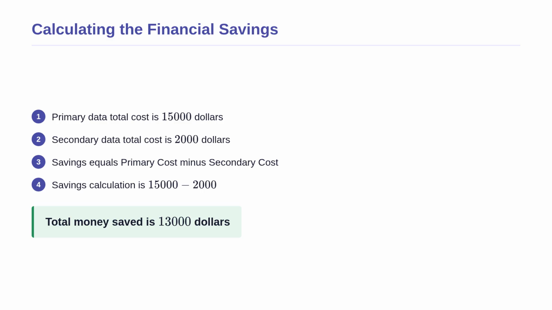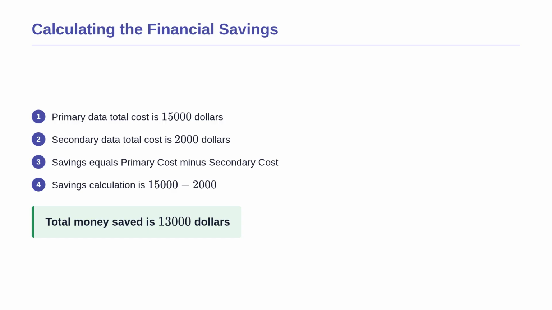With both calculations complete, let us directly compare the financial impact of these two methods. We found that the primary data collection required $15,000, while the secondary data approach only cost $2,000.